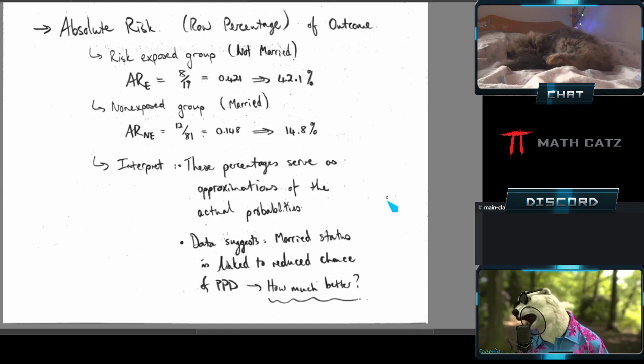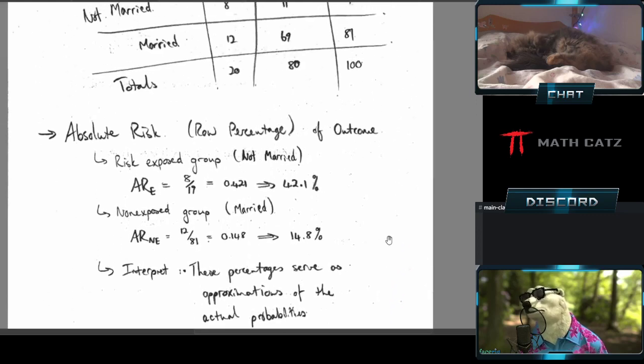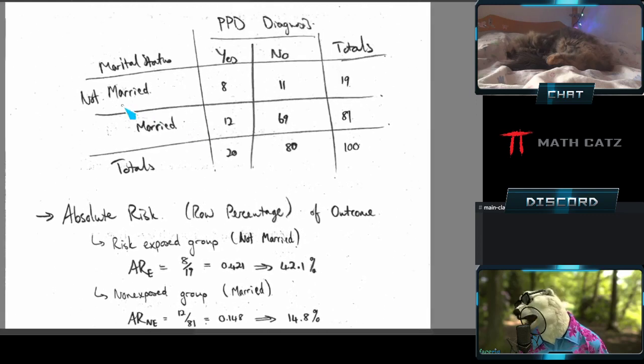So the data suggests the married status is linked to a reduced chance of postpartum depression, or the not married status is linked somehow, not directly perhaps, but there is a link that being not married and married have different chances of postpartum depression.